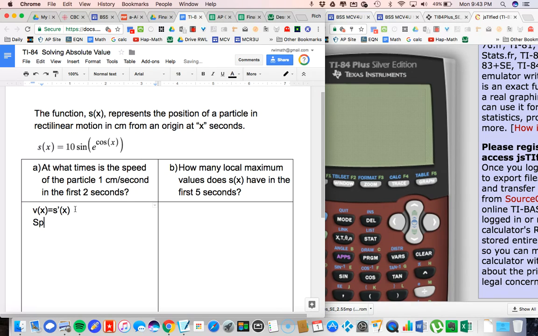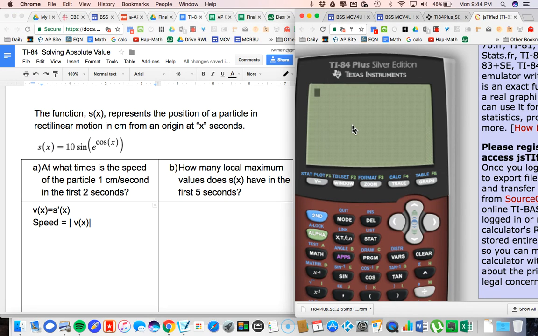But speed equals the absolute value of v of x. Okay, that's what I'm needing to get, the absolute value of the velocity. So the derivative of position and then take the absolute value, and that will give me the speed.